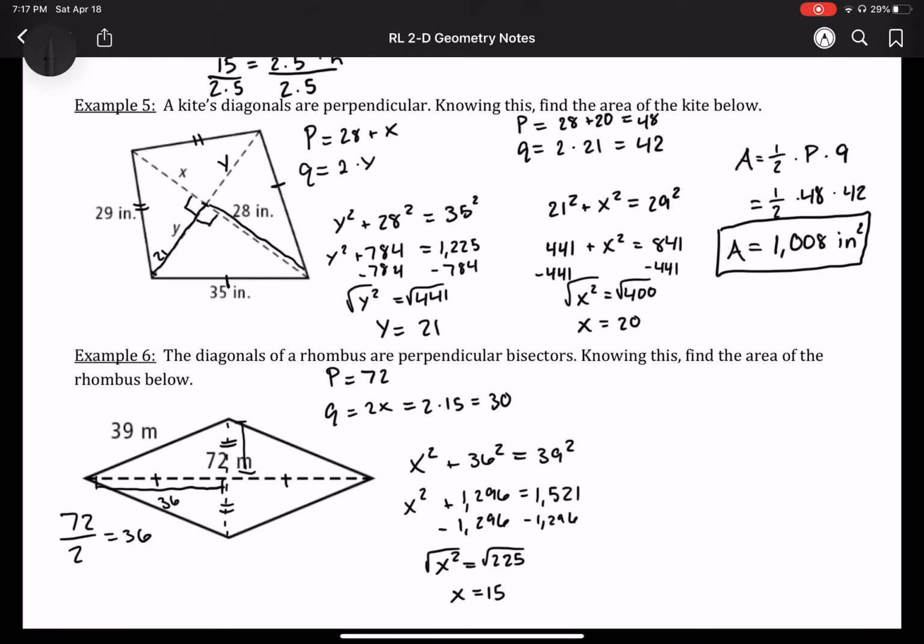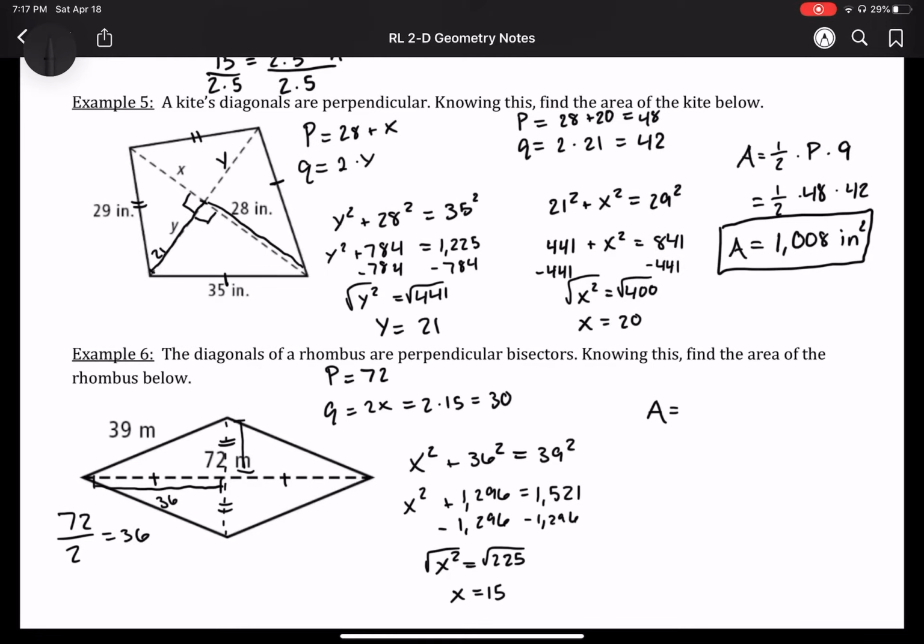All right, now I'm going to take those diagonals and plug them into the formula for the area of a rhombus. So I have area is equal to 1/2 times p times q, where in this situation my p is equal to 72 and my q is equal to 30. Although we also just talked about how 2 times 15 is 30, so we can combine those already and jump back to what x happened to have been, which was 15.